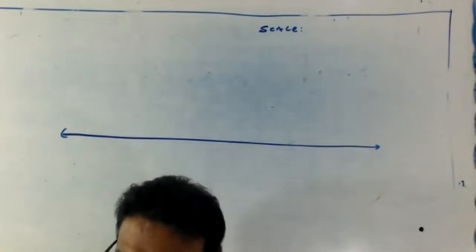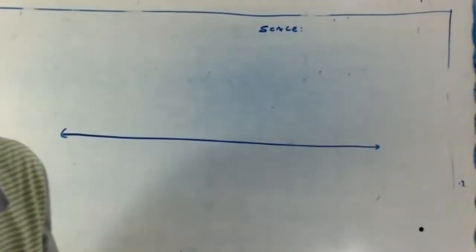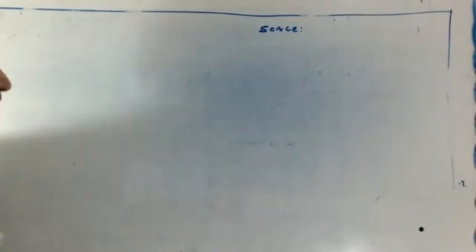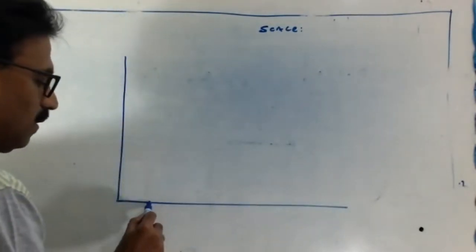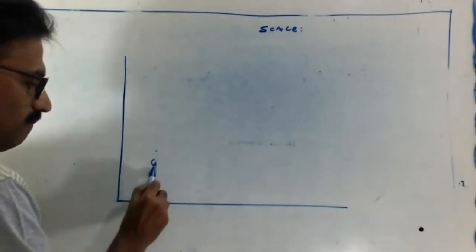Okay, another example. Suppose when you draw the population graph, in some pictures you can see in newspapers and all, like this. Here, this is people.